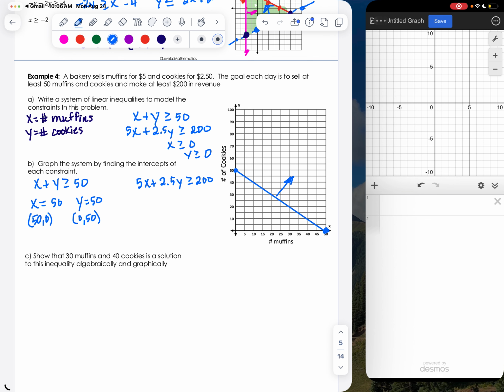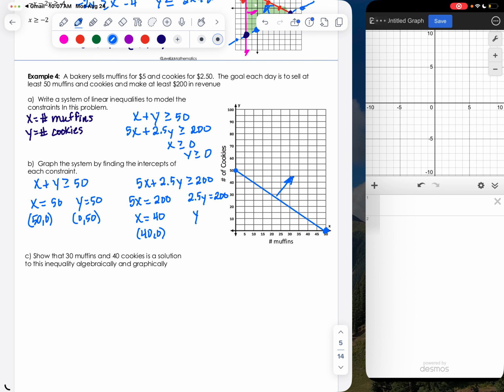To find the x-intercept, you take the x term, which is 5x, and make it equal to the constant term. And then when you divide, 200 divided by 5 would give you 40. So that means I have an x-intercept of (40, 0). To find the y-intercept, I take the y term, 2.5y, and make it equal to 200.